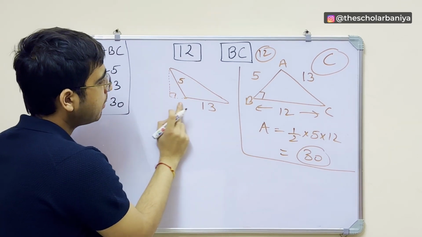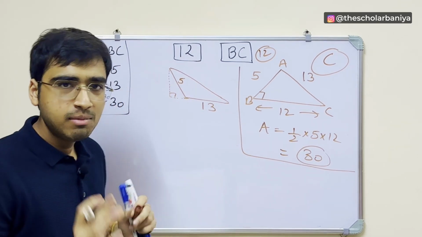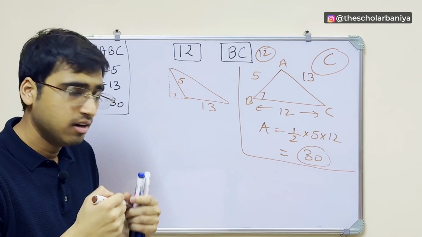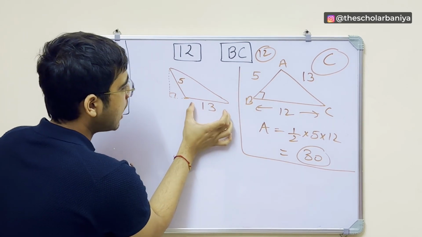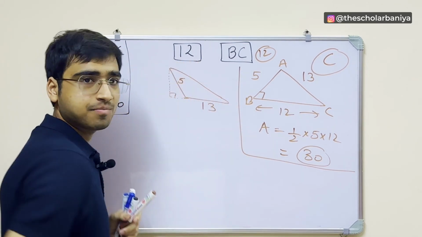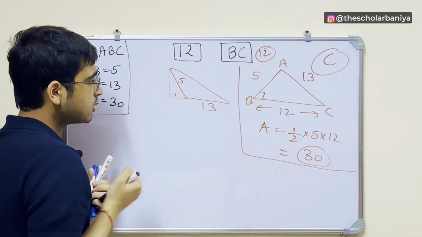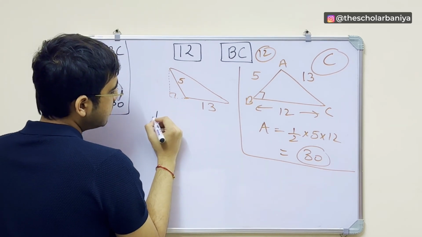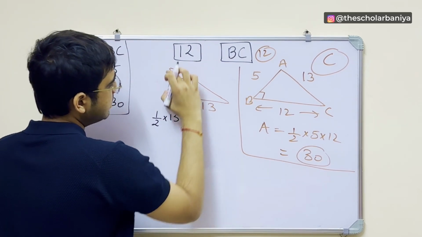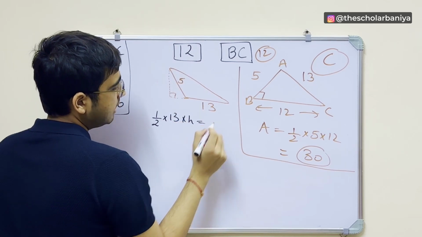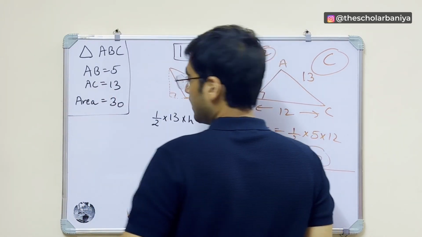What is the area of this triangle? The area is half into base into height, right? So what is the base? The base is 13. Let's say the height is h, and the area is 30, right? The area is given to be 30.